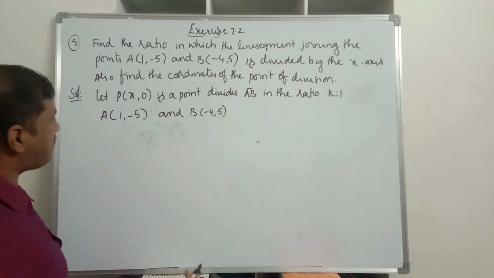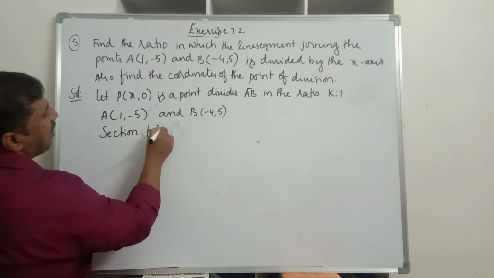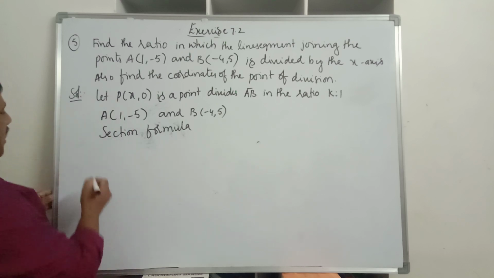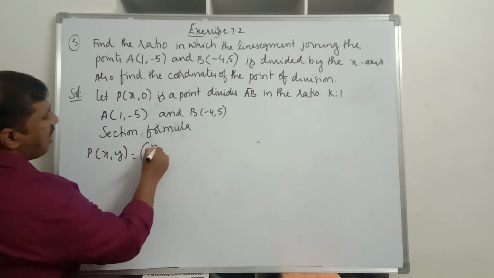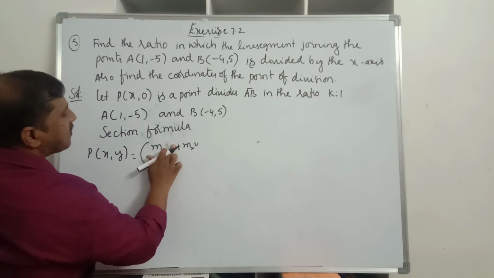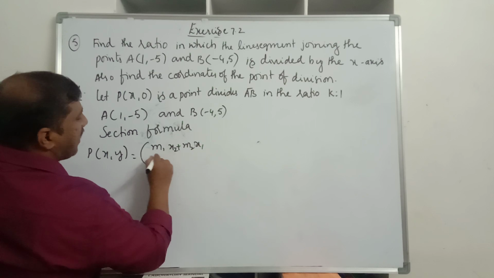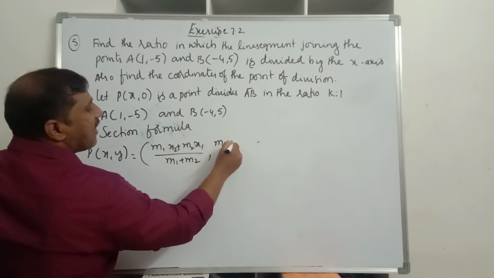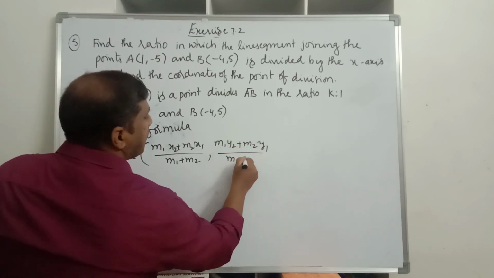Again, by using section formula. We are using ratio, means it is section formula. Apply this section formula and write. So which is the unknown point? It is P. That is P(x, y) is equals to, what is the formula? (m1 x2 plus m2 x1) divided by (m1 plus m2), comma (m1 y2 plus m2 y1) divided by (m1 plus m2).